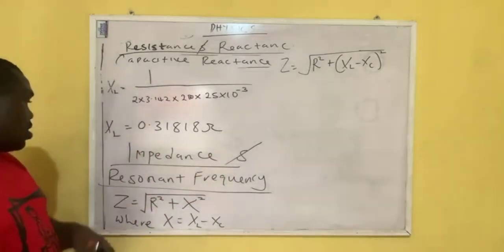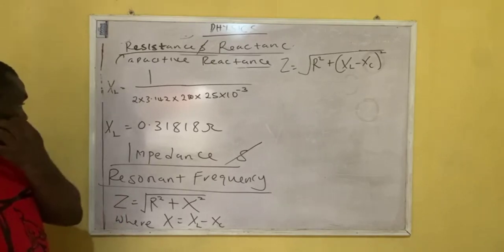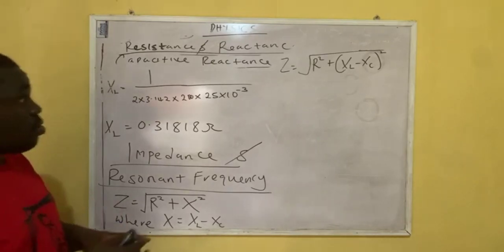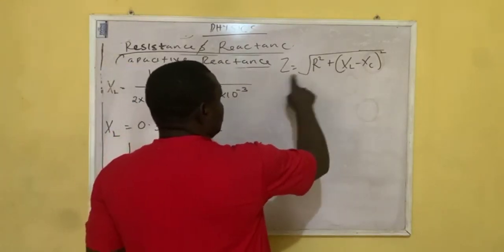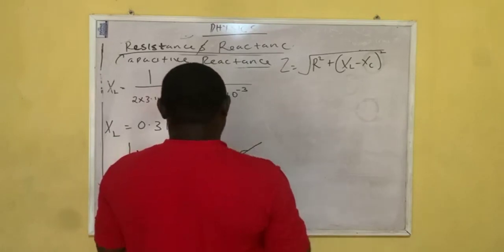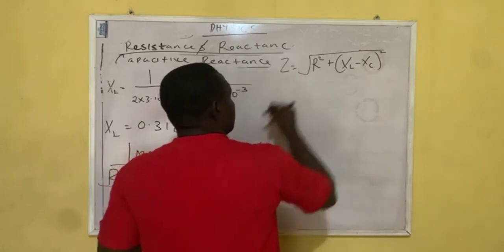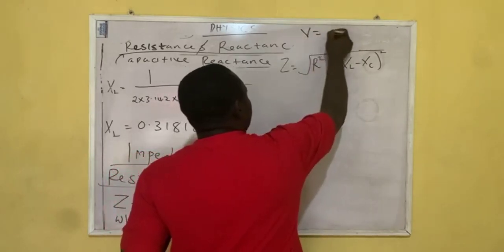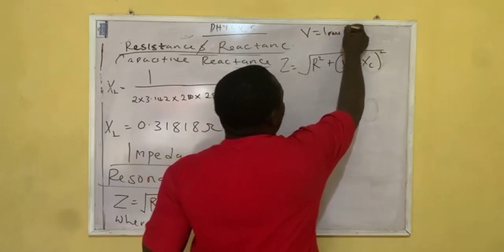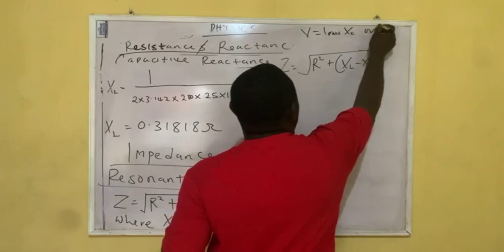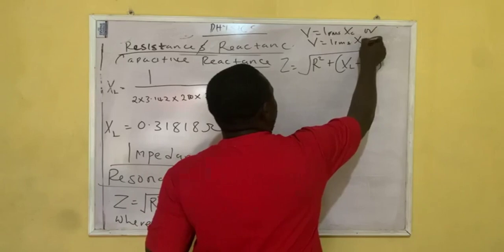Now, I was trying to say something. The impedance and resonant frequency: we had established what impedance is in the last video. Coming to something here now, I also say that we could have it this way. There's another thing we could also establish: from our root mean square V, multiplied by XC, or our root mean square VA multiplied by XL.